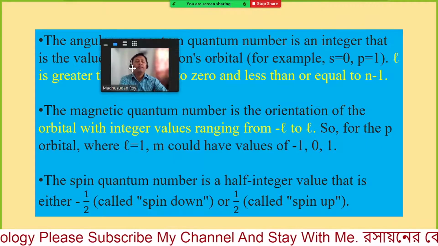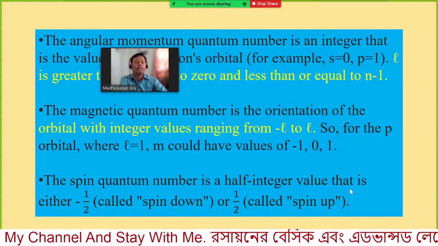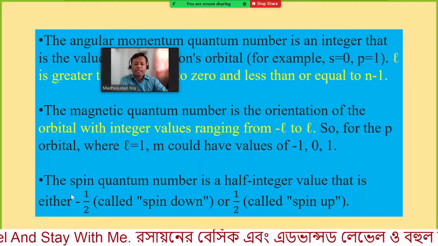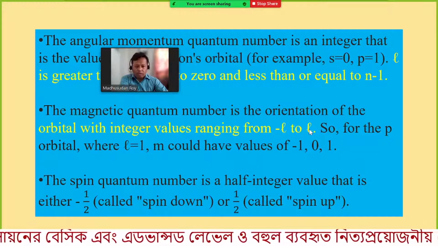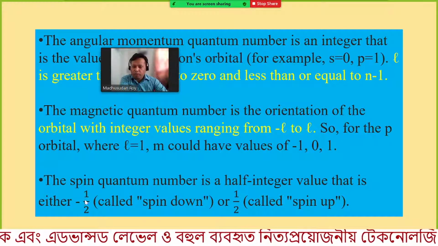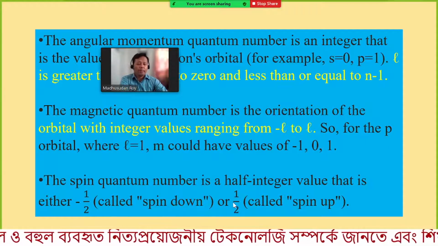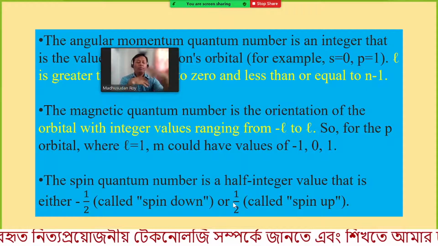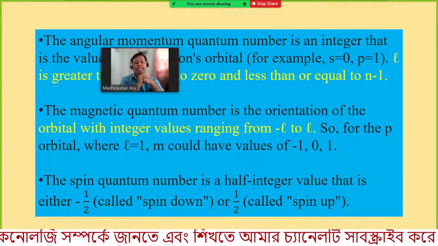Now what about the spin? The spin quantum number is a half integer value, that means half, 1 by 2. If it is directed upward or downward, we use opposite signs.